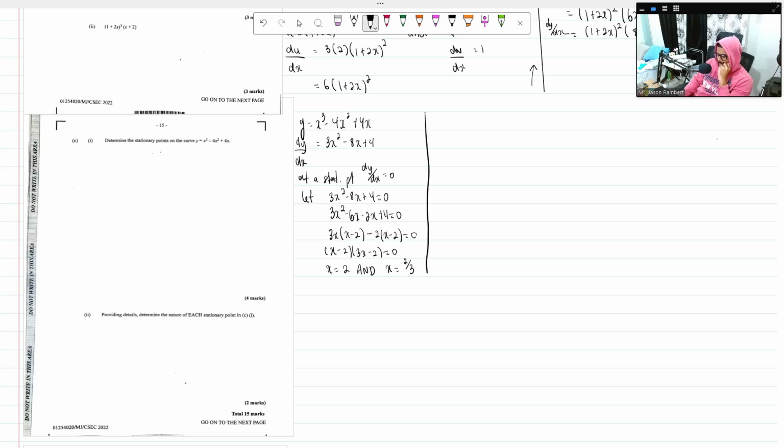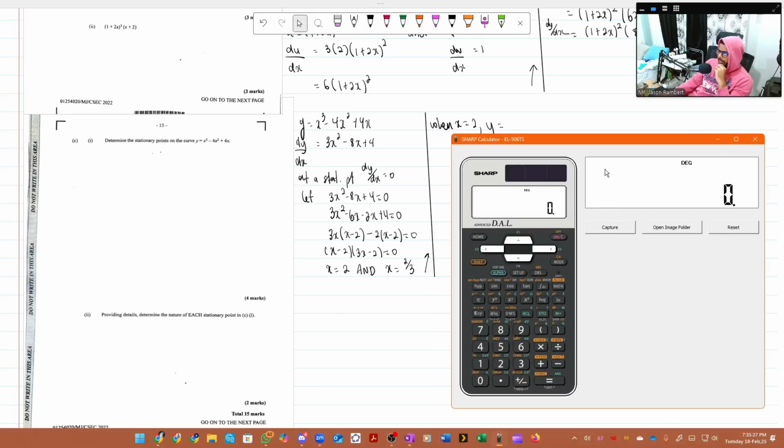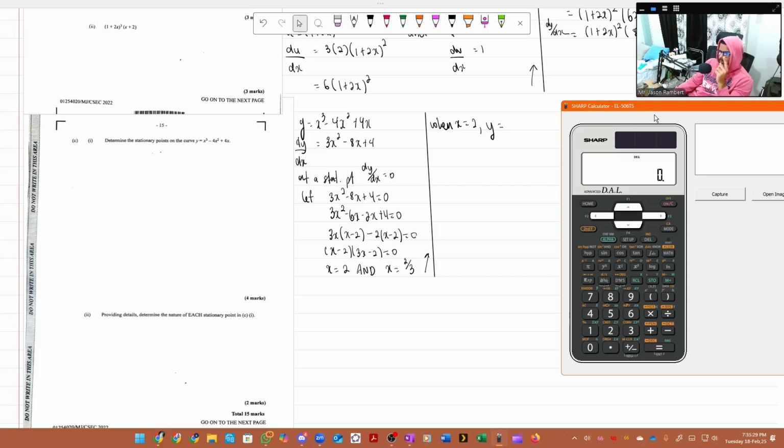Then we find the coordinates of the stationary points. So we say when x is equal to 2, y is equal to, and you can jump on a calculator and do this, right? Nothing is wrong with going on a calculator to do this piece here. When x is 2, I'm going to get 2 cubed minus 4 into 2 squared plus 4 into 2.